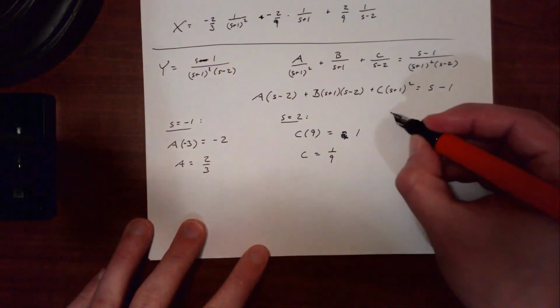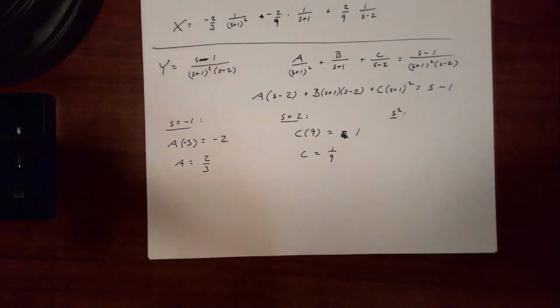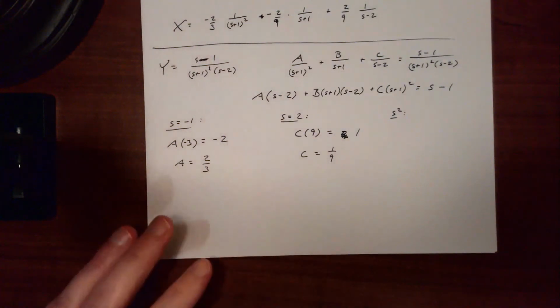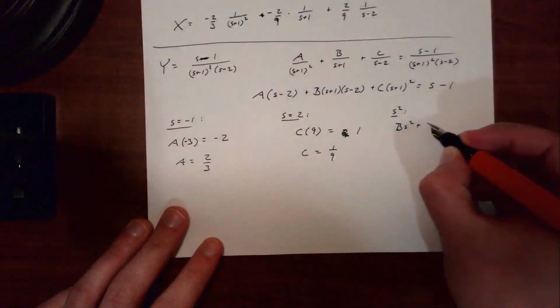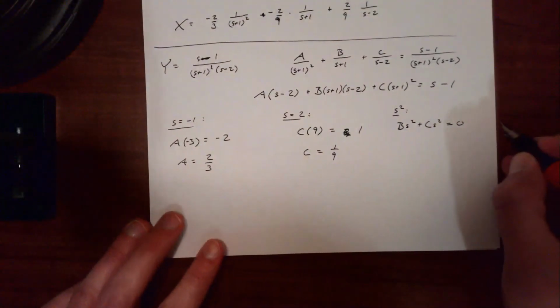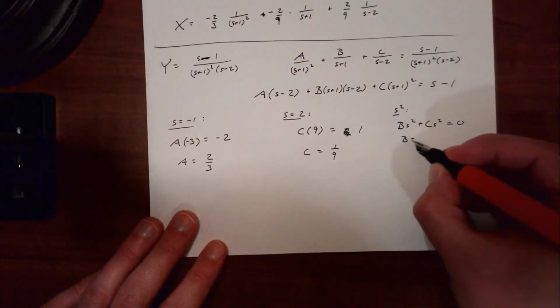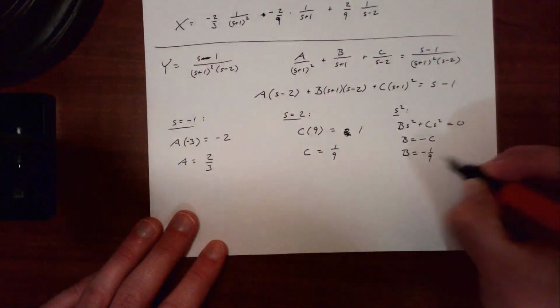All right. And now, once again, we are not going to be able to repeat the same process for the B term because there are no factors that are uniquely missing from B. But what we can do is take the highest degree term, take the s squared, so it's going to be B s squared plus C s squared, and there is no s squared on the right. So then B equals -C, so then that means B equals -1/9.